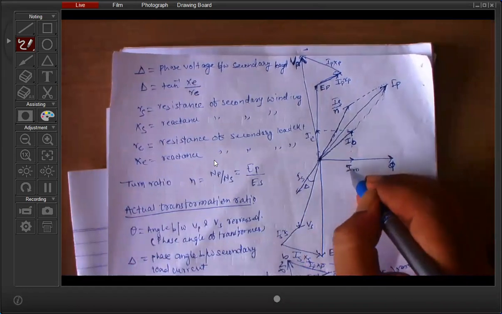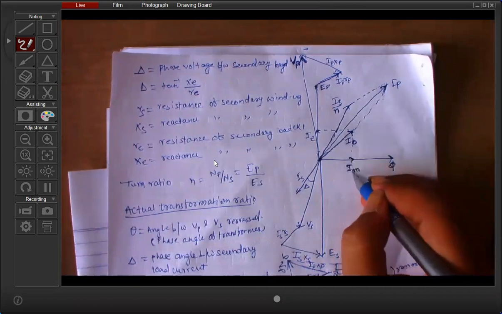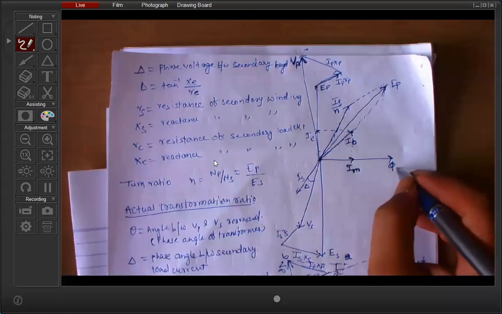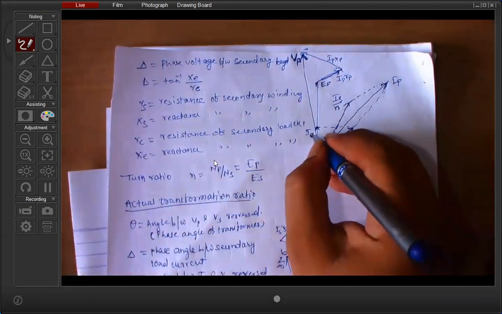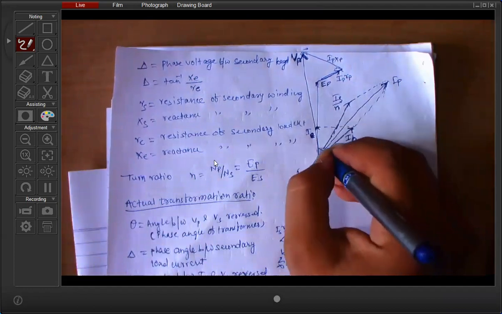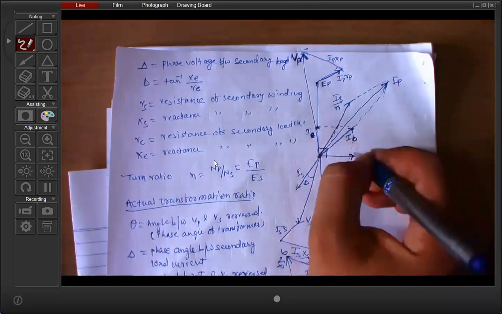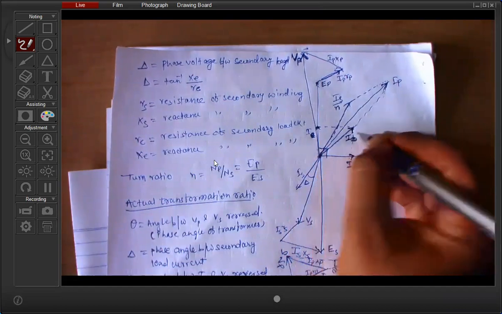The IM current is always in phase with the flux line, because the IM current is responsible for the mutual, working flux. And IE, the second part of the no load current, always leads IM by 90 degrees, and the phasor sum of IE and IM is equal to I naught, the no load current.